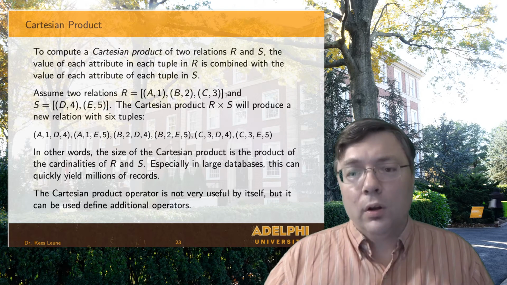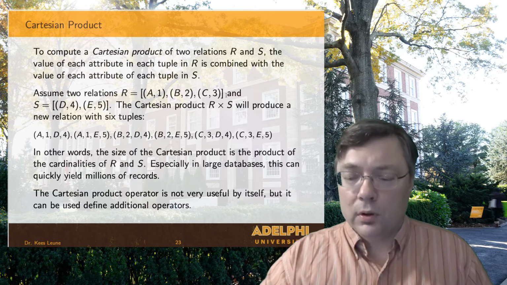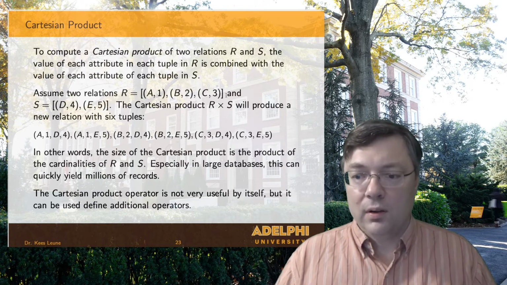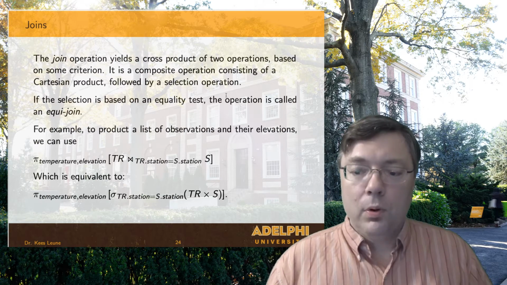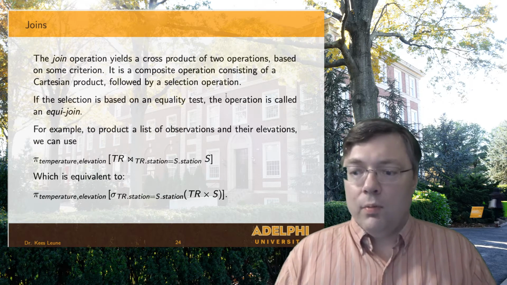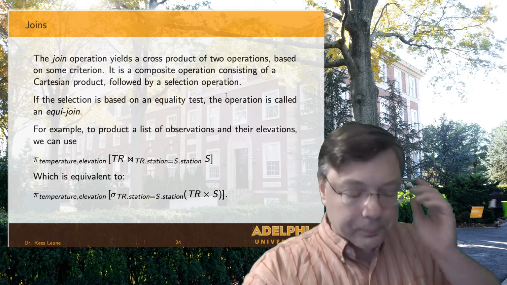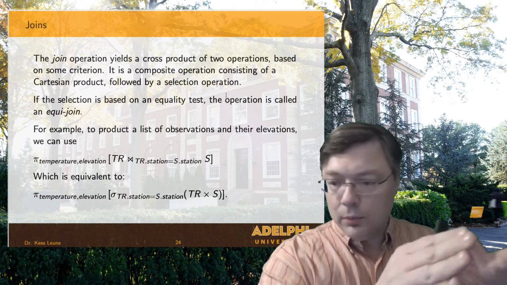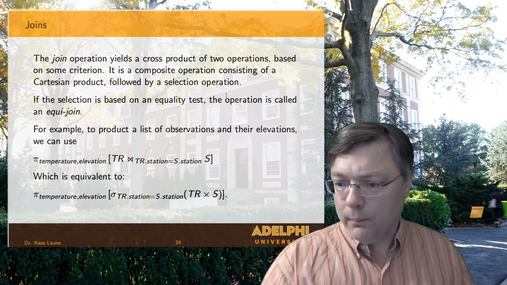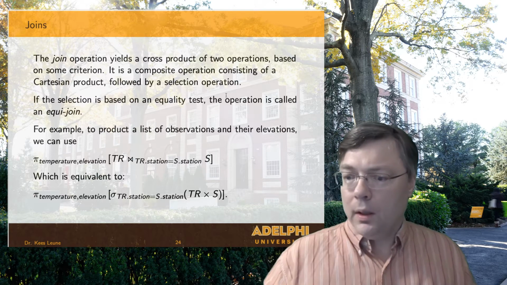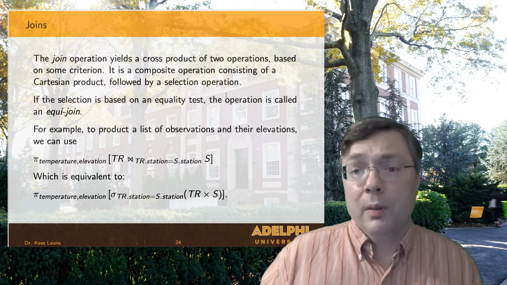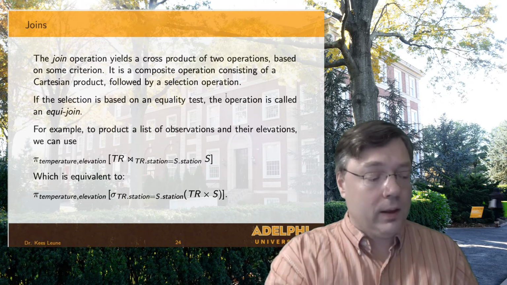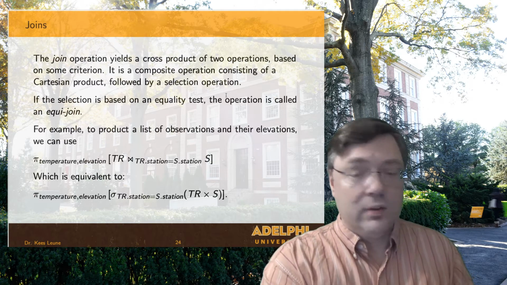Now the thing is, we're not always interested in all possible combinations, so we want to be able to restrict this a little bit more. And that's what we call a join, where we might want to say, listen, I have, let's say, a table of all of those temperature readings. So it has a station, it has a temperature, and it has a timestamp.